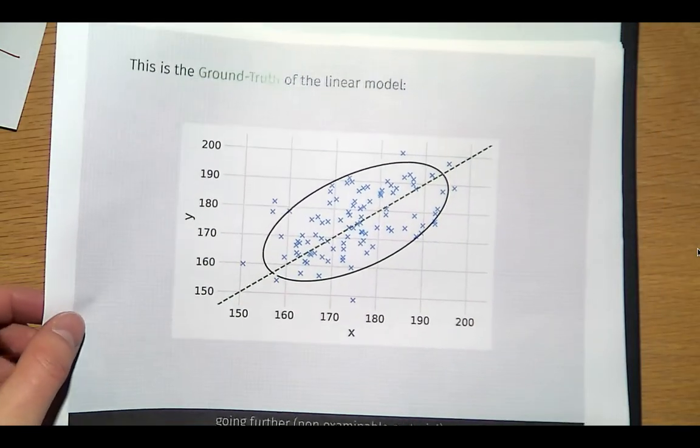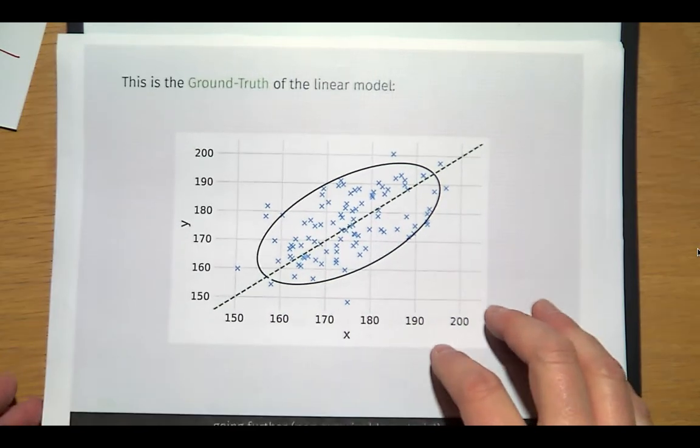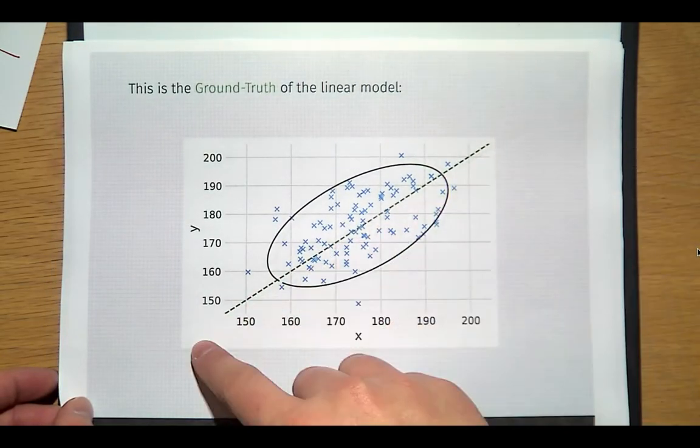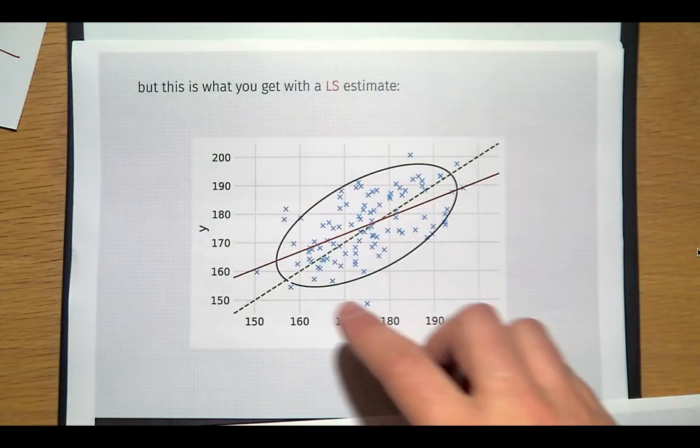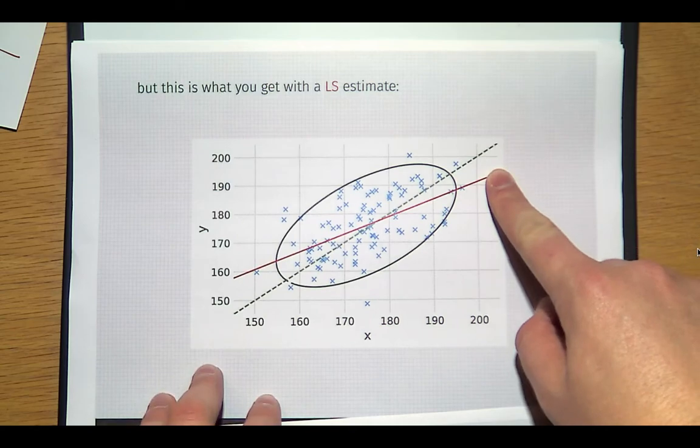So you're kind of expecting something like that. You're kind of expecting to fit a line here, the green line. But sure enough, you don't get that. What you get is this red line here, okay?